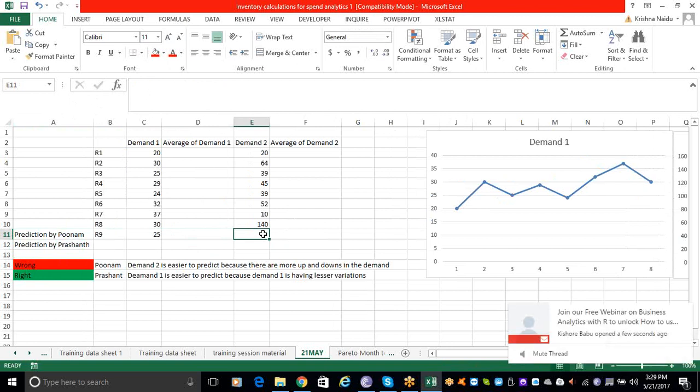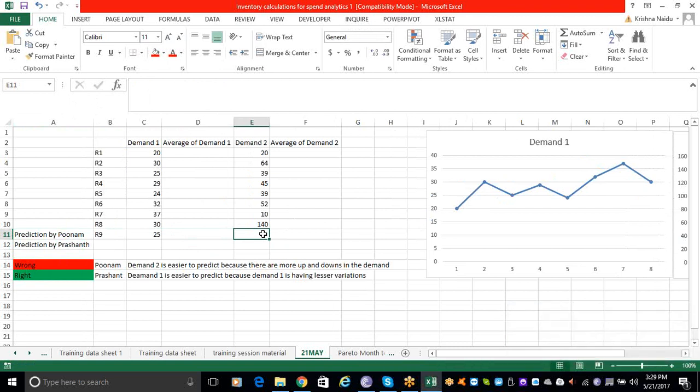Poonam, it seems like Poonam is not interested to say the number. So let's go to Prashant. Prashant, can you make a prediction? Demand one, what could be the number? And demand two, what could be the next demand?